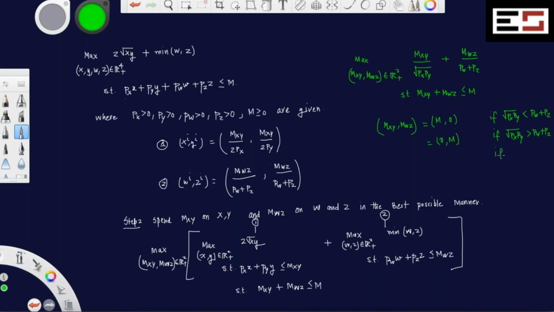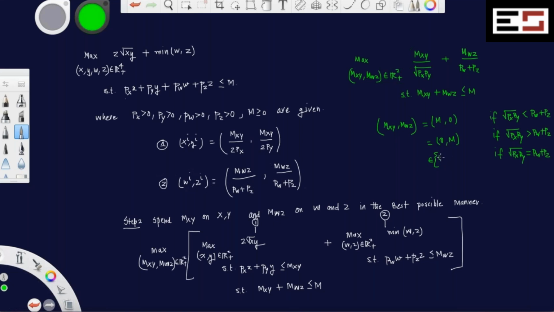Okay, and if root pxpy is equal to pw plus pz, then there is a set of solutions in this case, which is basically, you can choose anything on this line, so you can choose to spend it in any way. In that case, there are multiple solutions.